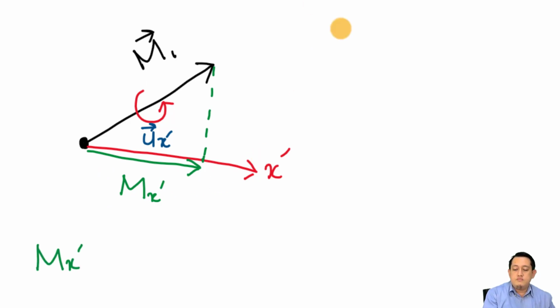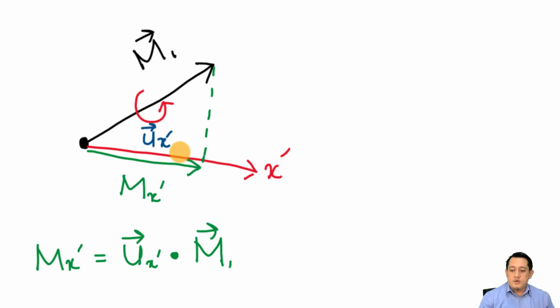Mx prime is equal to u x prime dot product with M1.